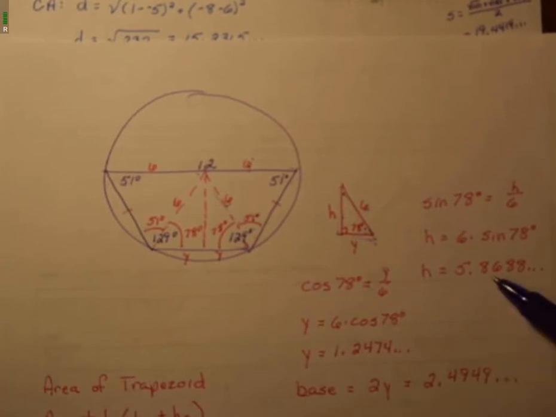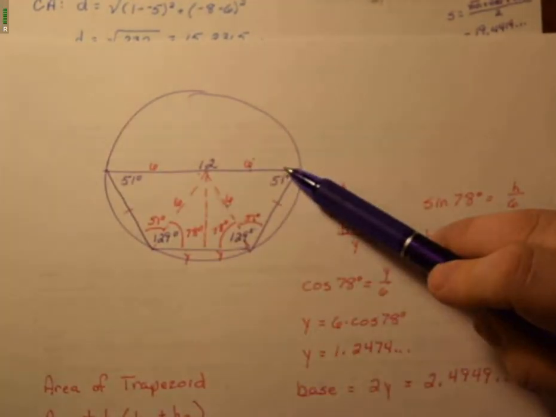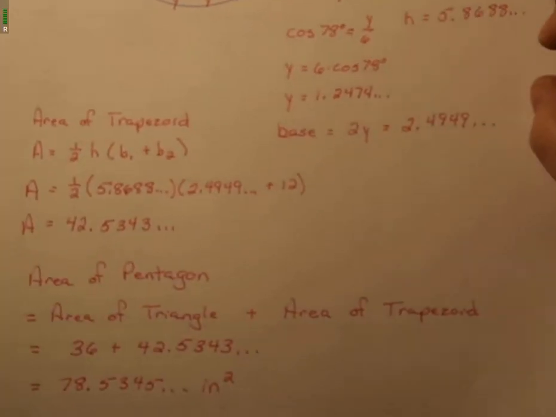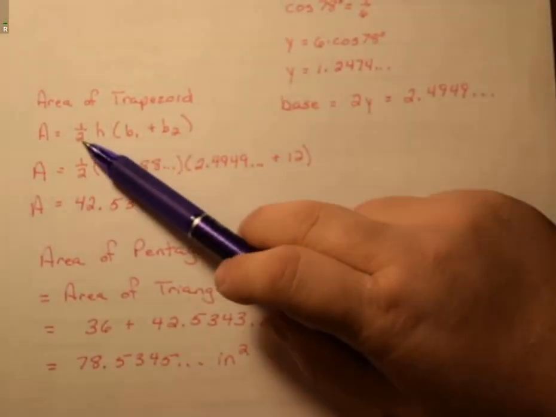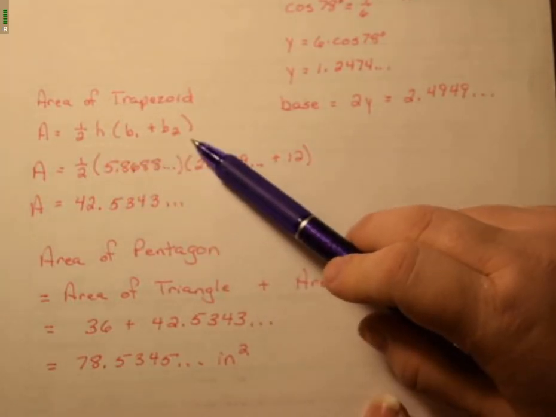Now we know our height, we know the smaller base, and the longer base is 12, so we can find the area of the trapezoid. The area of the trapezoid is 1/2 the height times base 1 plus base 2.